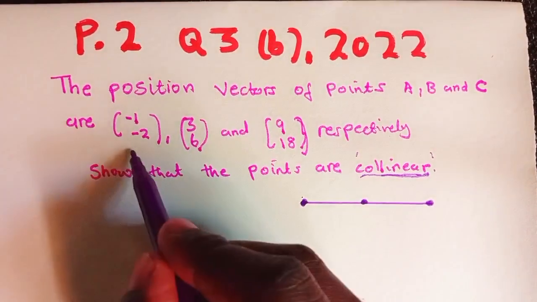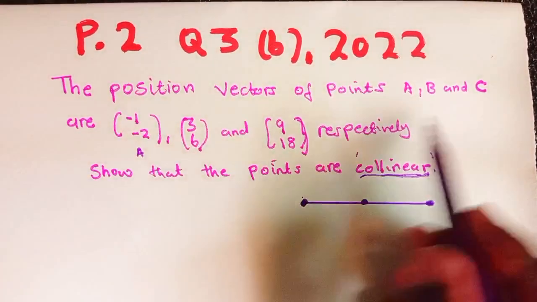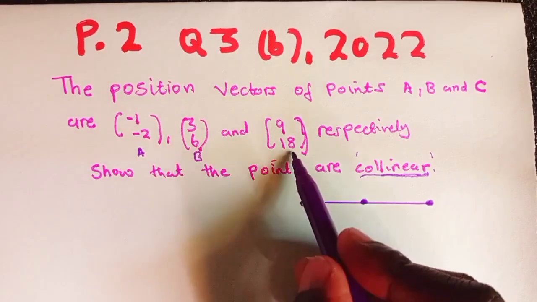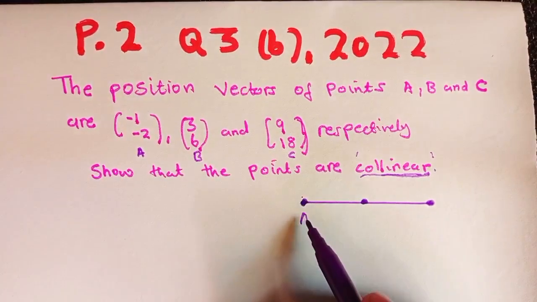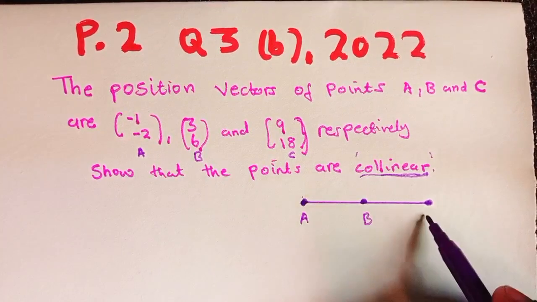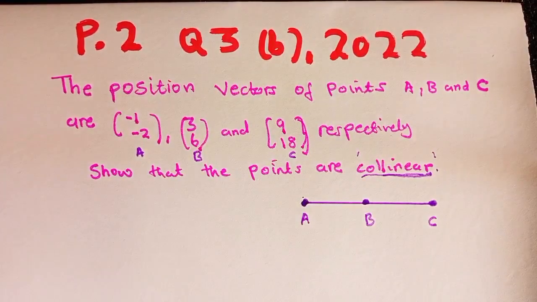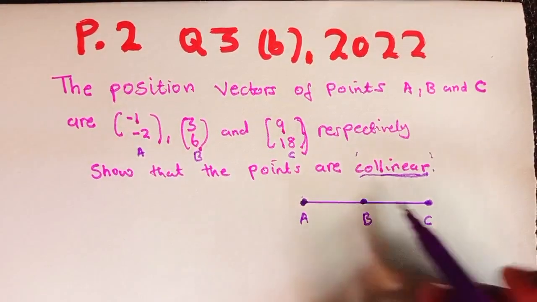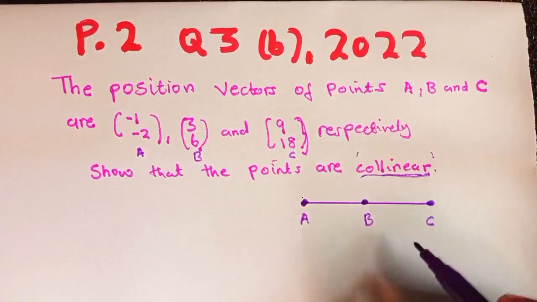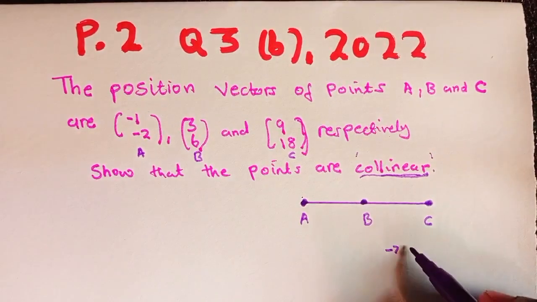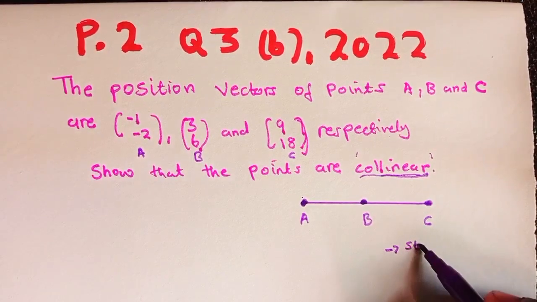So this is A, they said respectively. So this is A, this is B, and this is C. Okay, so you have the point A, B, and then C here. Now, points that are in a straight line, this was something we need to know.